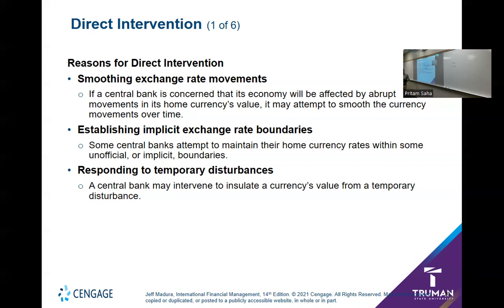Let's say you own an MNC and you want to invest in a foreign country. So now you're examining the foreign exchange rate movements of your home currency with the foreign currency, right? 0, 1, 2, 3. Two different movements.